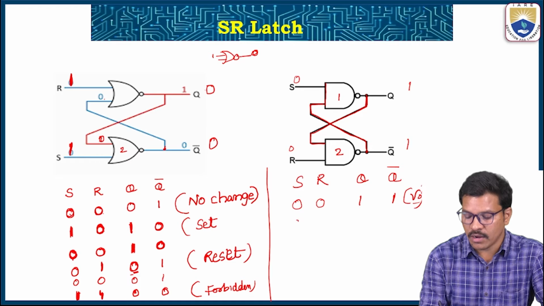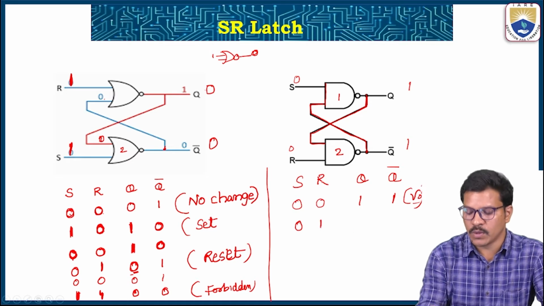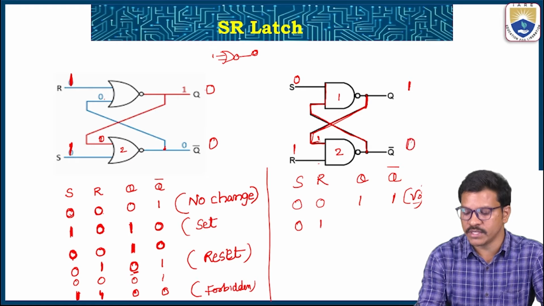What happens when R is equal to 1 and S is equal to 0? As we know that one input is 0, immediately the output is 1. That output 1 is available here. 1 and its complement, both inputs are 1 in the NAND gate, so the output will be 0.